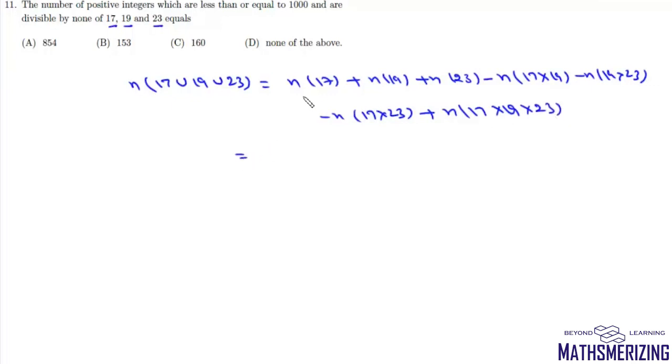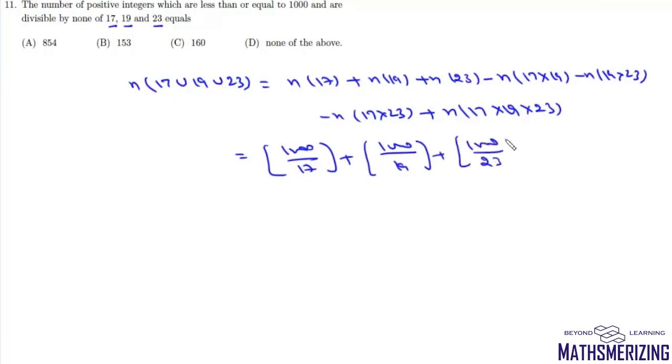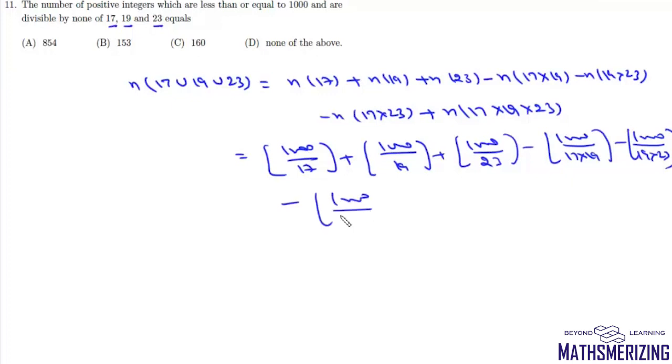Now the numbers divisible by 17 will be the greatest integer function of 1000 divided by 17, plus the greatest integer function of 1000 divided by 19, plus the greatest integer function of 1000 divided by 23, minus 1000 divided by 17 into 19, 1000 divided by 19 into 23, 1000 divided by 17 into 23, and then plus 1000 divided by 17 into 19 into 23.